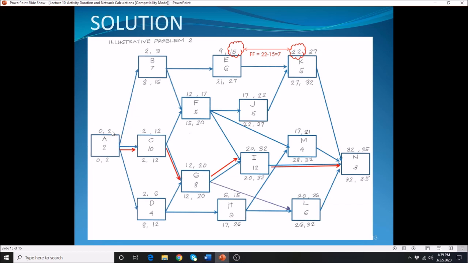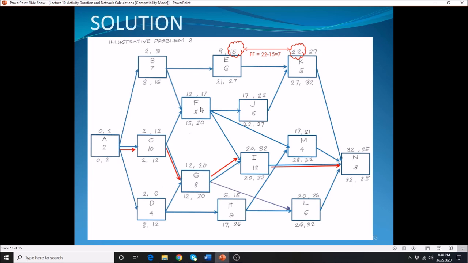So that must also be the earliest start of activities B, C, and D, because they're all coming from A. That's why you will notice here we have 2, 2, 2. And then 2 plus 7 gives you 9, 2 plus 10 gives you 12, and 2 plus 4 gives you 6.